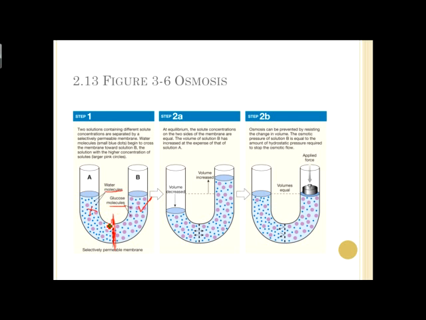So what's going to occur is the water is going to move in this direction and try to balance the equation. Now, this is semi-permeable, so it's not going to allow the solutes through until the tonicities are equal, or the molecular weight is equal.